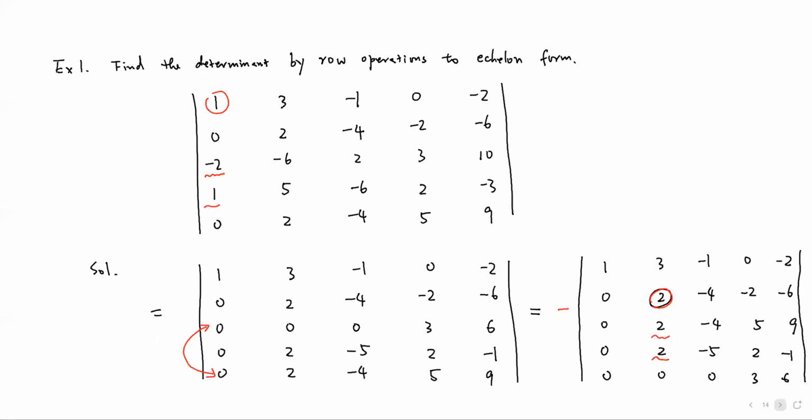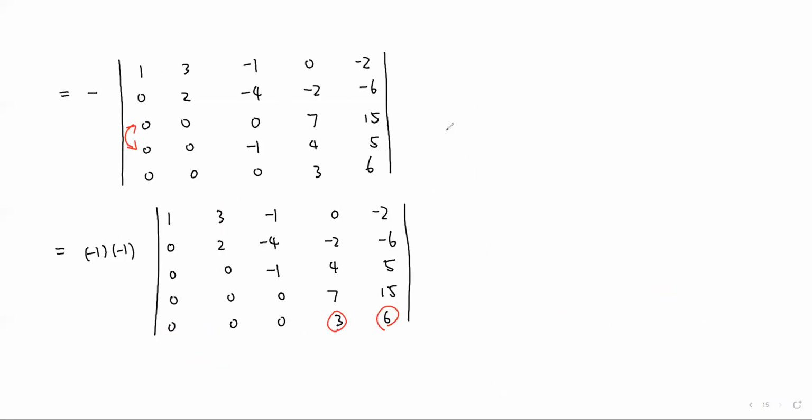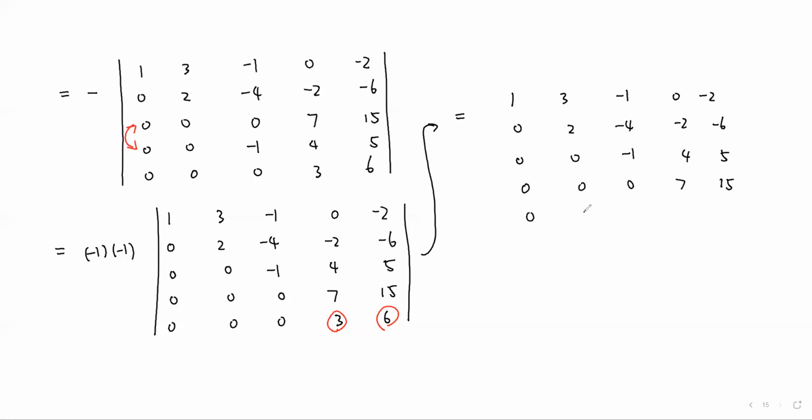So here, negative, negative, positive, 0, -2, 0, 2, 4, 0, 0, -1. Then 0, 0, 0, 7, 15. Now I move the common factor 3 out. So 1, 2. So number 3 times this determinant.